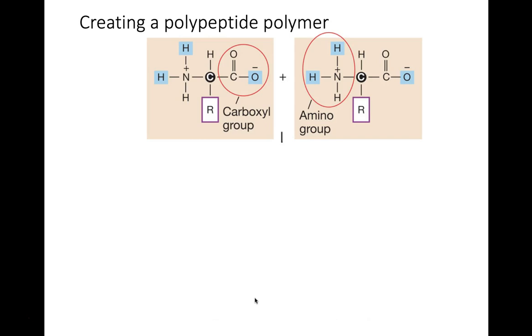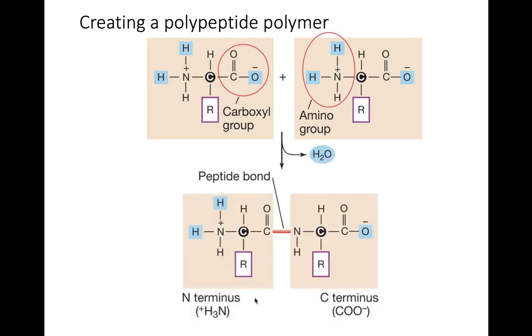Alright, when we want to make a polymer out of amino acids, which we would call a polypeptide, and after it's all done and ready to go, we call it a protein. Guess what kind of reaction it's going to be, guys? I bet you got that right. It's a condensation reaction. So we are releasing some H2O here, and we form a bond between amino acids called a peptide bond.